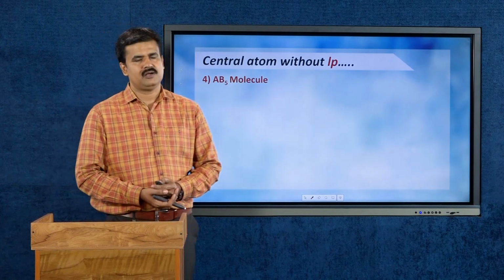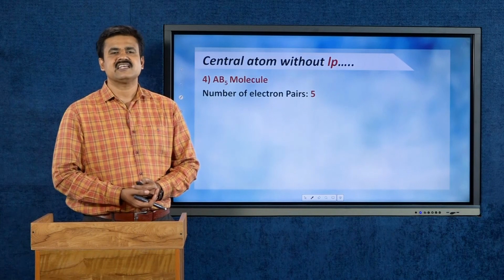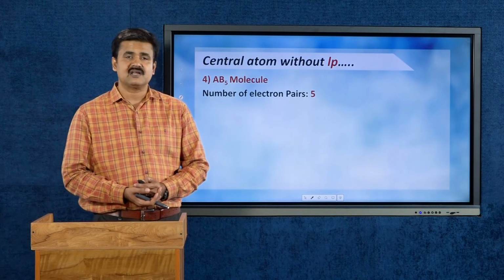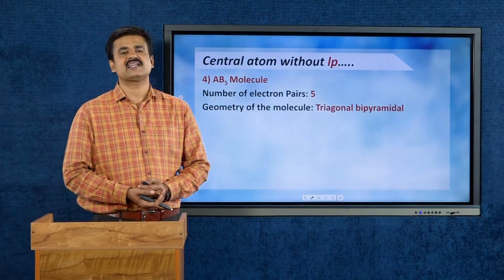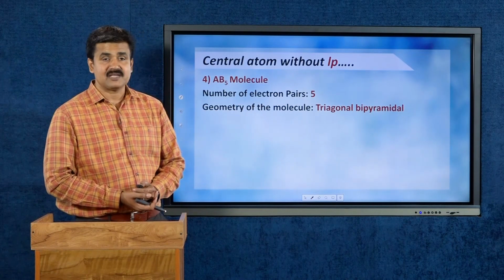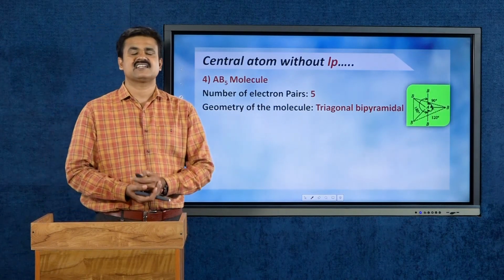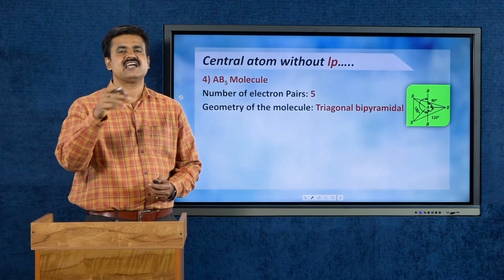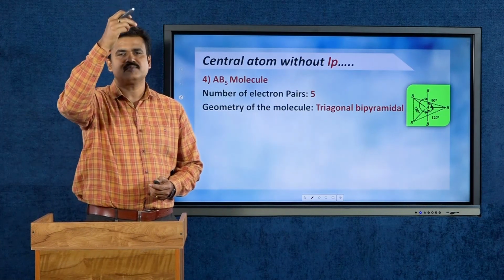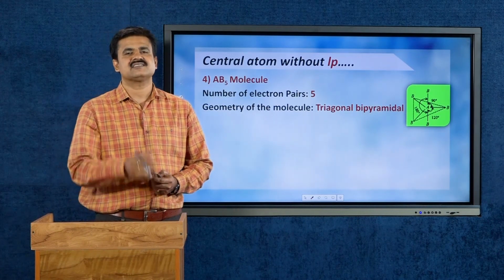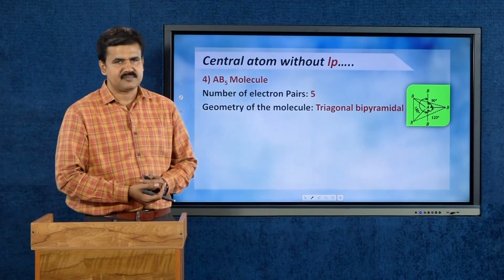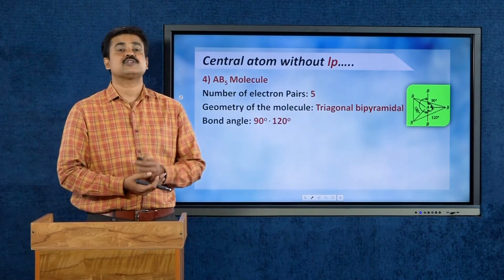Now we are considering AB5 molecule. In AB5 molecule, it is clear that there are 5 electron pairs, all are bond pairs. The preferred geometry for such an arrangement is trigonal bipyramidal geometry, and this is the trigonal bipyramidal geometry. There is a triangle, one bond pair is above the plane and the other one is below the triangle. Such an arrangement is called the trigonal bipyramidal geometry, and here there are 2 bond angles.